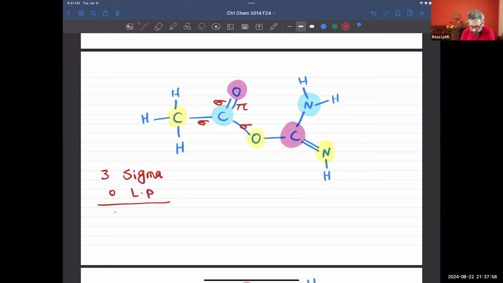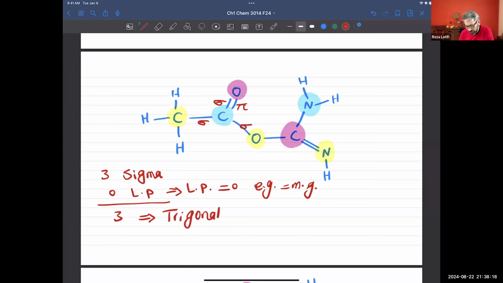So sigma plus lone pair equals 3. Because we don't have a lone pair, the electron geometry is equal to the molecular geometry, and I got them equal to 3. So this is going to be trigonal planar.